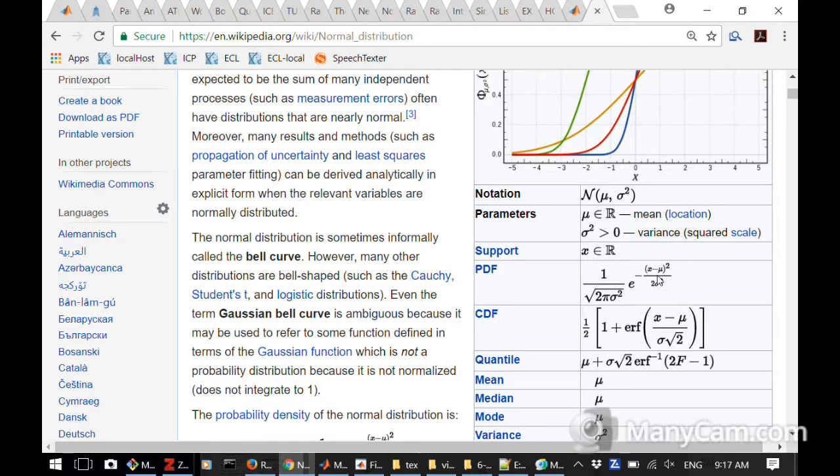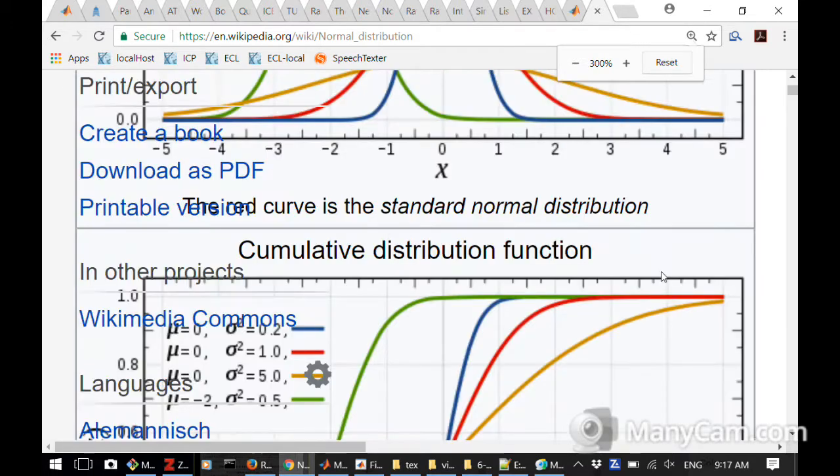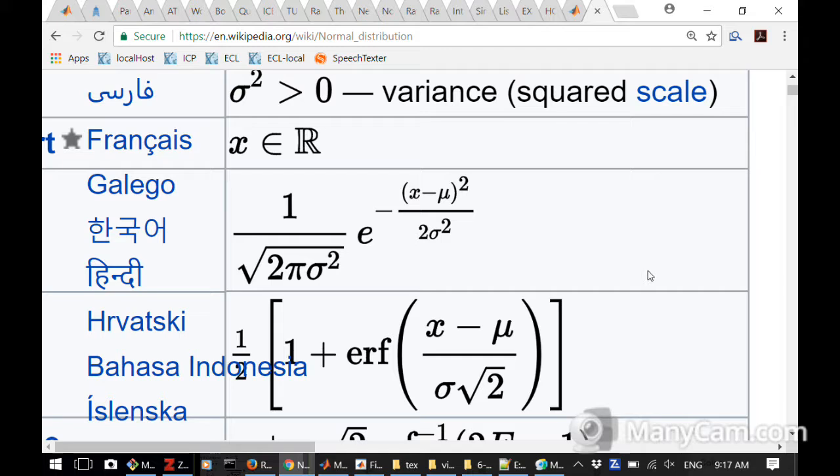So this Gaussian distribution has a mean, the parameter mu here, and I don't know if that's big enough for you to see it. So this is the mean, the parameter mu, and then this is the variance or standard deviation. So standard deviation is the square root of variance.